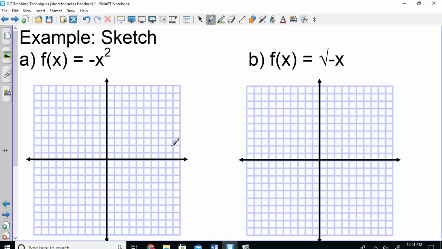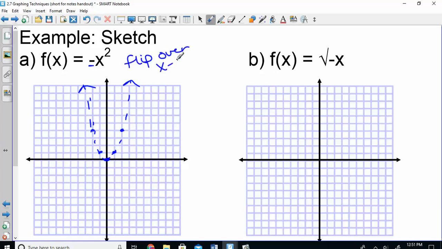So if I'm looking at this one, what's my parent function? X squared. So 0, 0, 1 squared is 1, 2 squared is 4, negative 1 squared is 1, negative 2 squared is 4, so you've got your parabola. Negative on the outside, that's like making your y values negative.